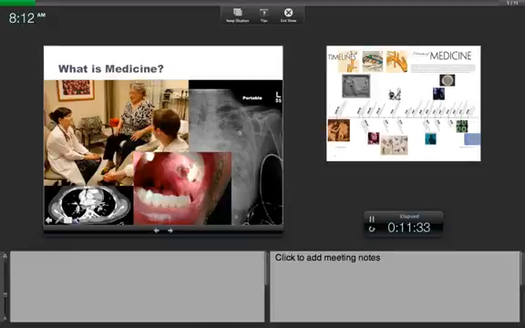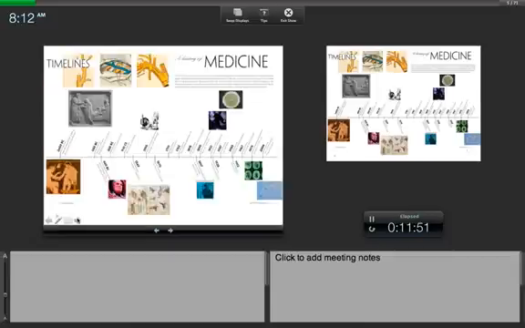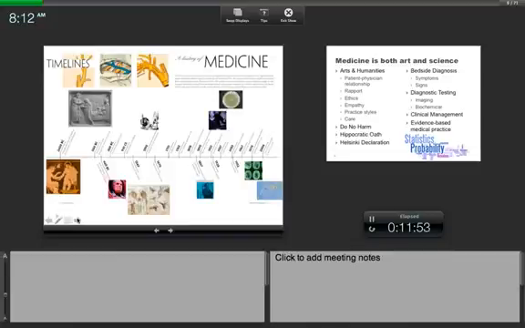So, what is medicine? Medicine involves doctors seeing patients, and then behind that, there's all sorts of technology that would help the doctors to make the diagnosis as well as treatment, and all this is based on knowledge. Okay, so this is the timeline or history of Western medicine.